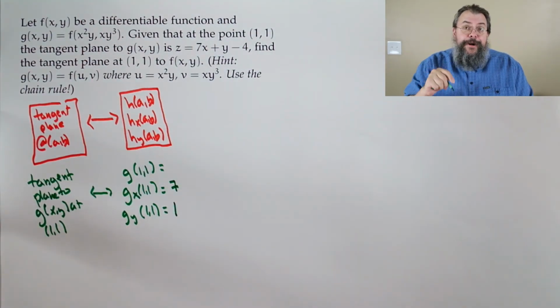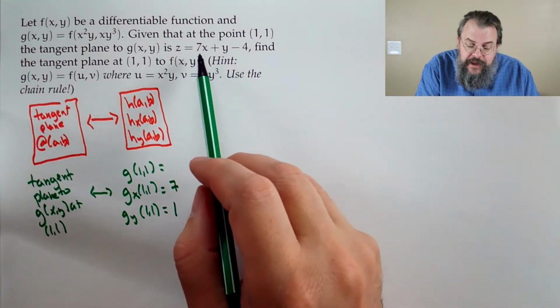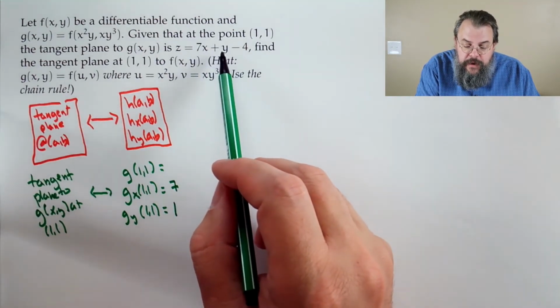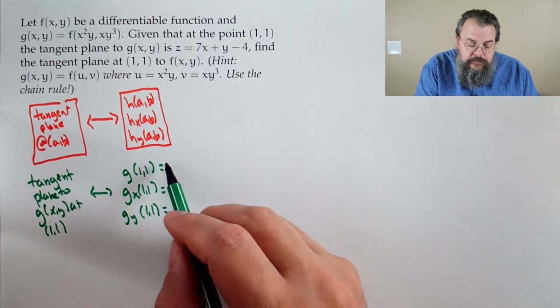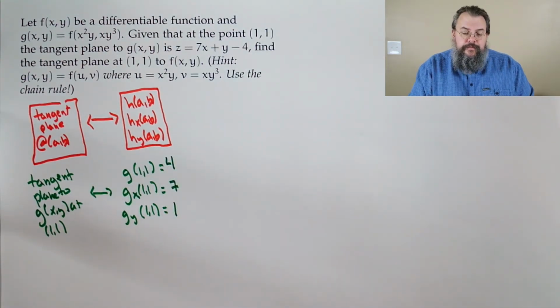How about g of 1, 1? Well, to figure that out, plug 1, 1 into here. So what do we have? We'll have 7 plus 1 minus 4. So g of 1, 1 is 4. All right, so there we go. That's the information that we have.